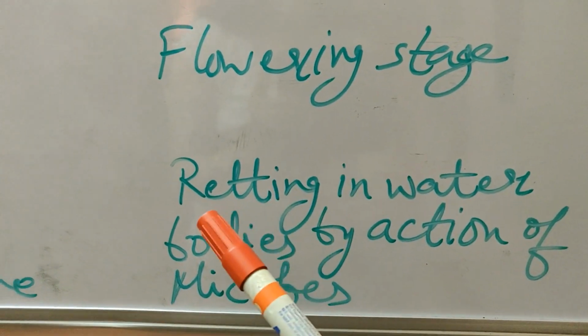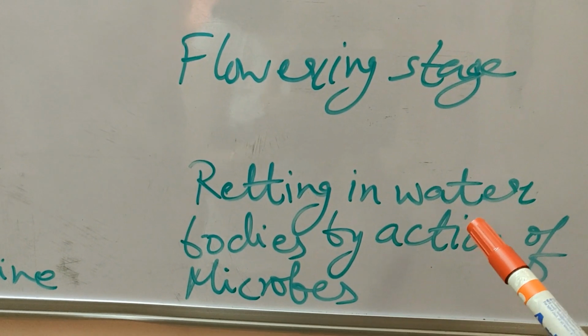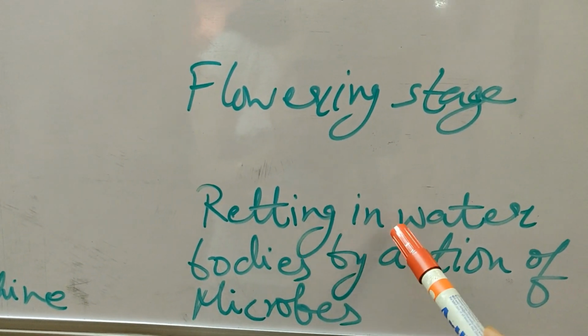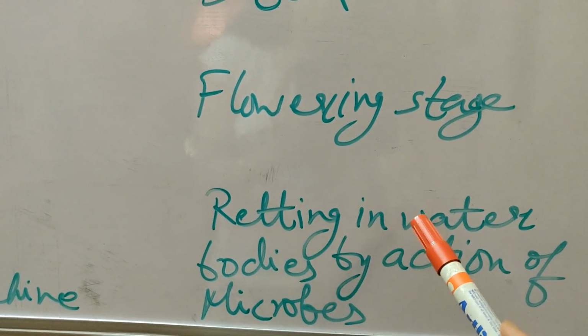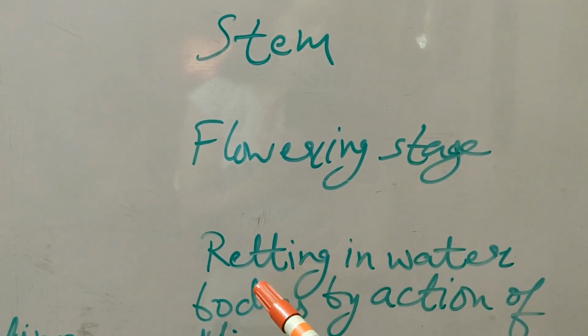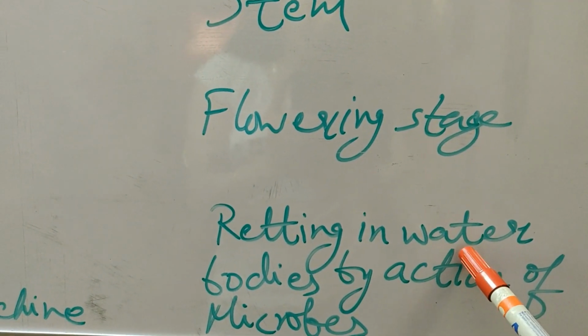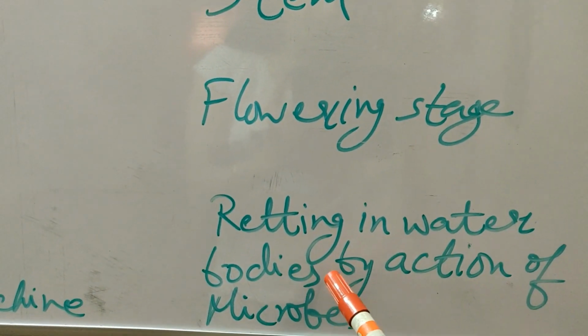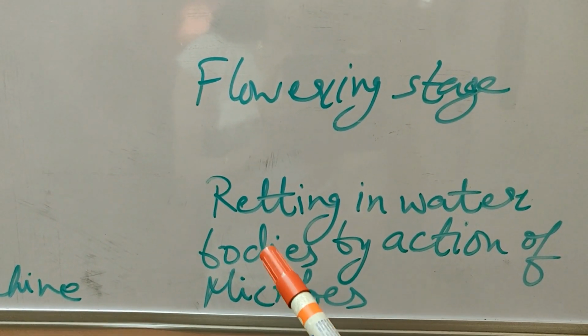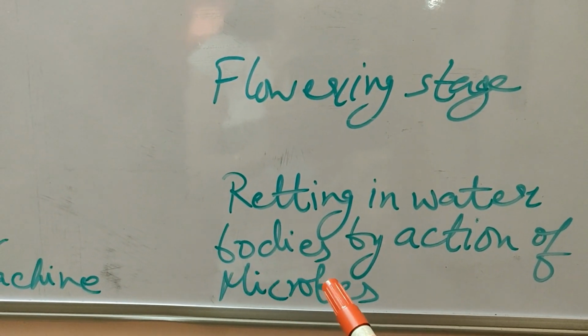While retting is the process which is done to obtain the fibers of jute. Actually, for retting, the farmers put the plant after harvesting in the flowering stage into water bodies, and it is kept there for a few days, about 20 days. The plant stems are put in water bodies.